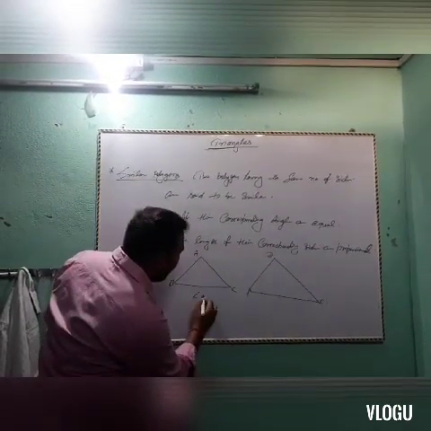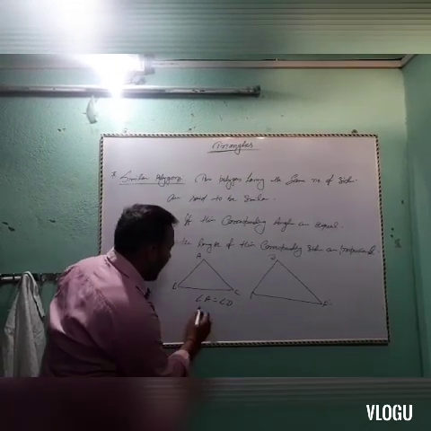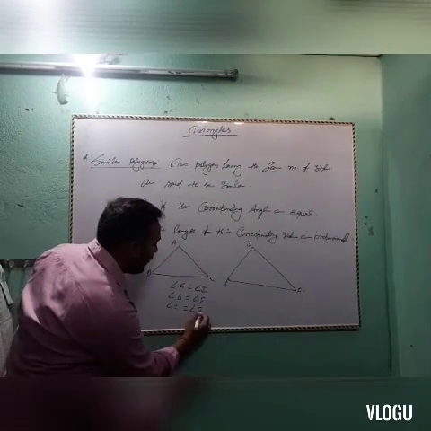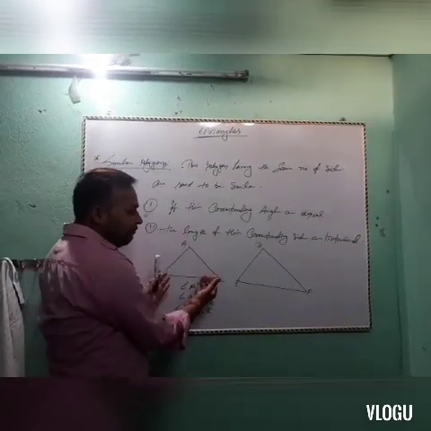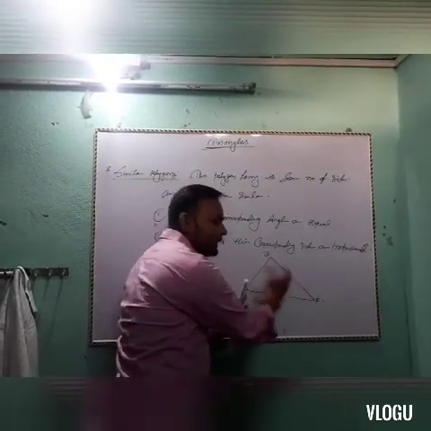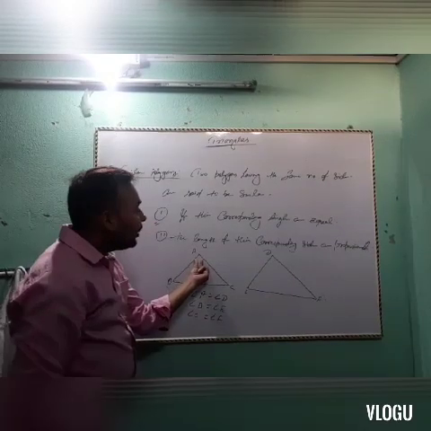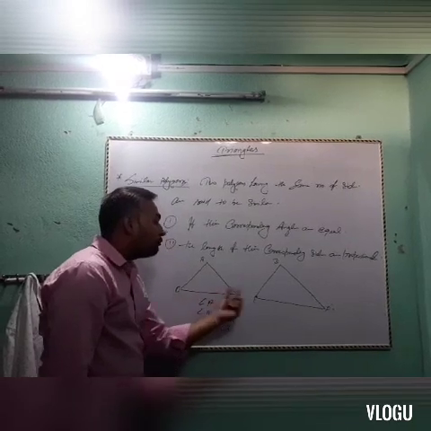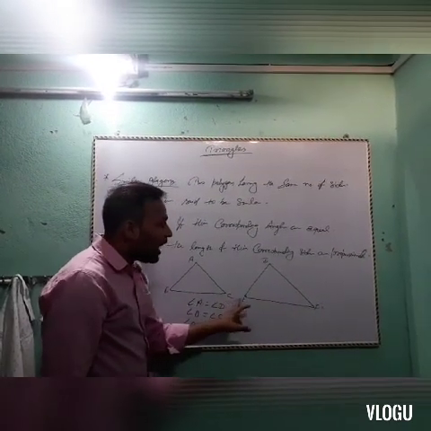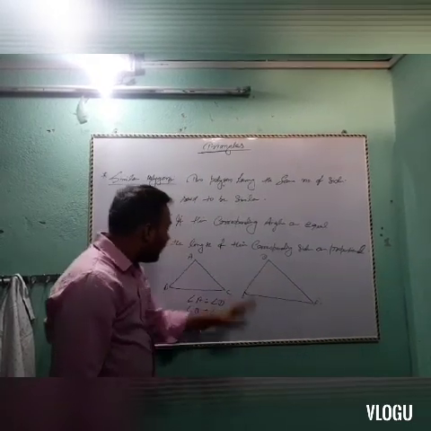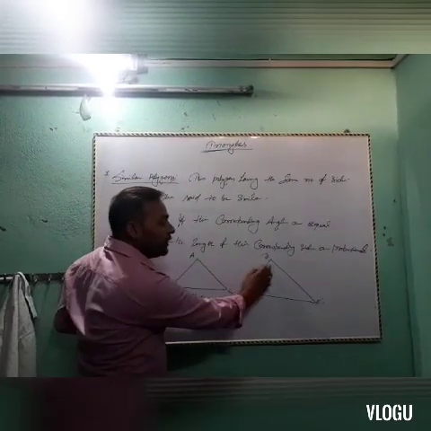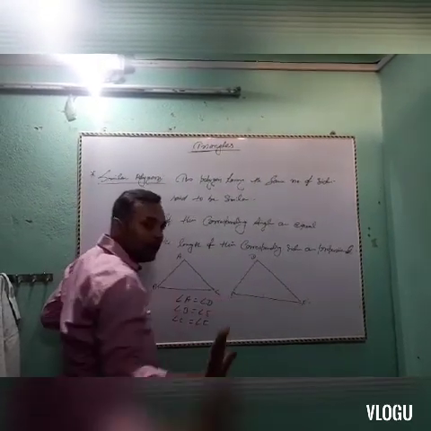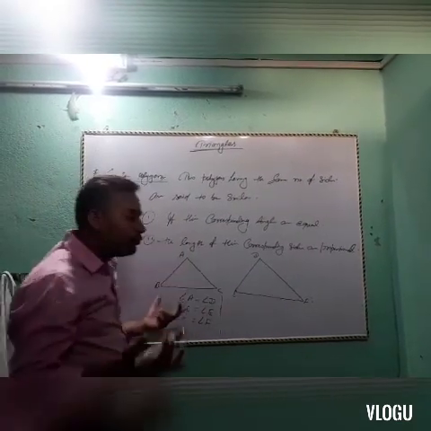So angle A equals angle D, angle B equals angle E, and angle C equals angle F. If triangle ABC is superposed on triangle DEF, then angle A coincides with angle D, angle B coincides with angle E, and angle C coincides with angle F. So it is clear that angle A corresponds to angle D, angle B to angle E, and angle C to angle F, and their sides are proportional.